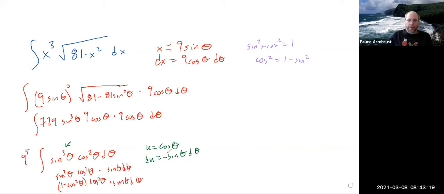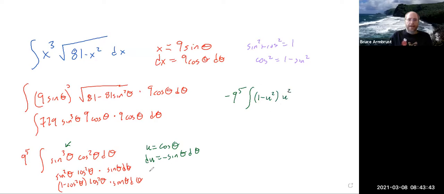So if we do this substitution with our u's, the minus sign is going to come out front. We're going to get minus 9 to the 5th times the integral of, well, 1 minus cosine squared is going to be 1 minus u squared, and the cosine squared is another u squared.